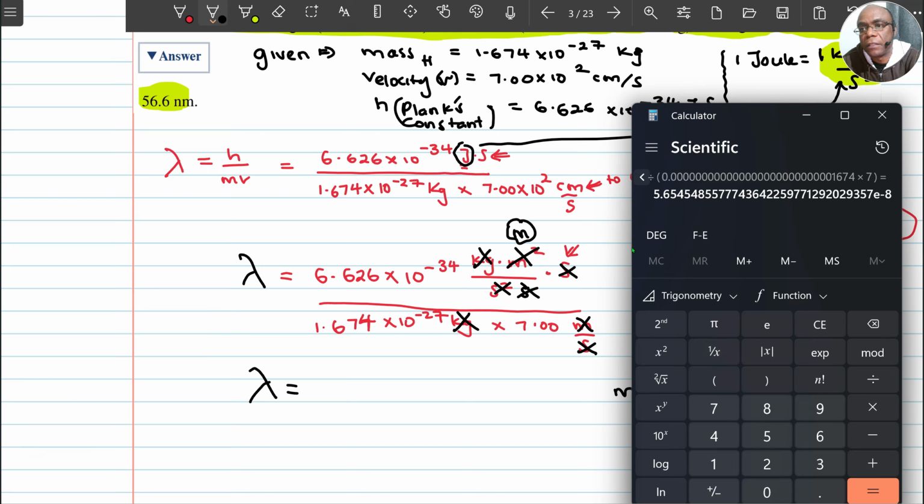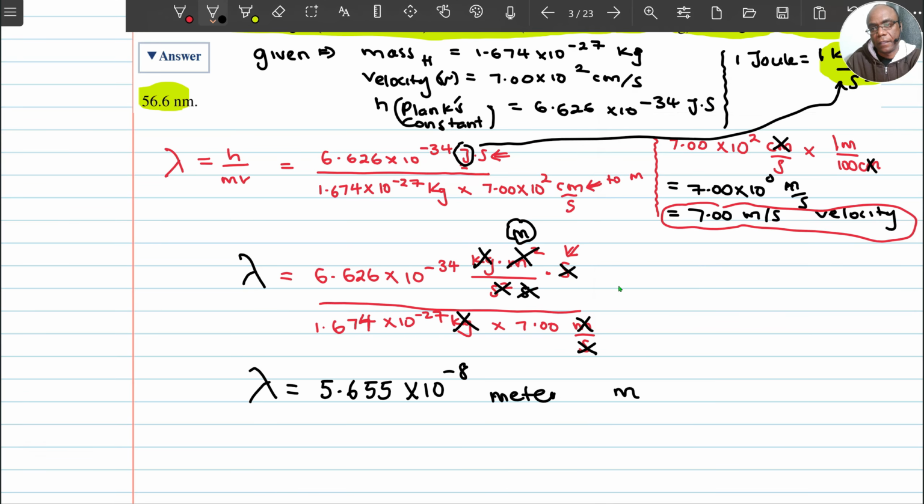So my answer is going to be 5.655. I can round the 4 here to a 5. 5.655 times 10 to the power negative 8. So the answer here is in meters.